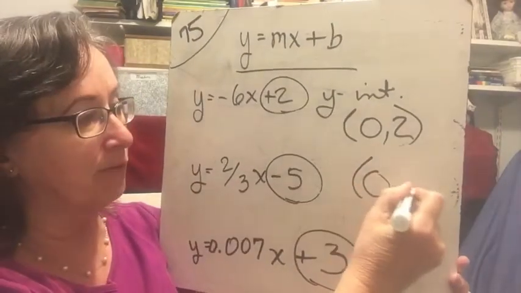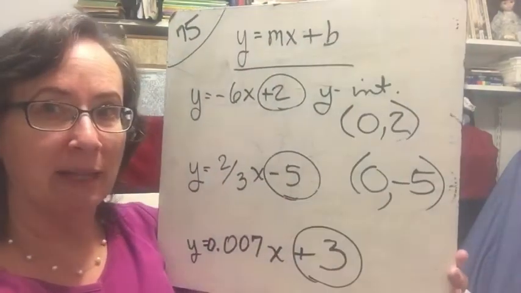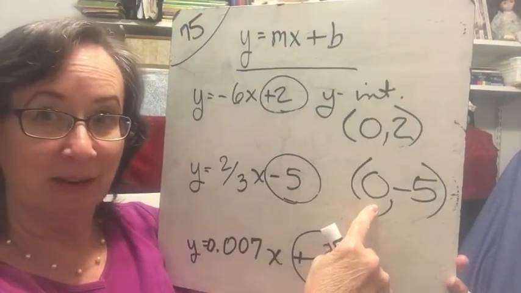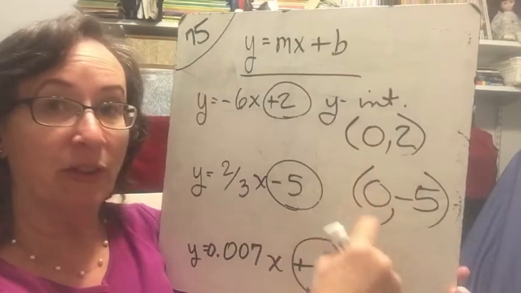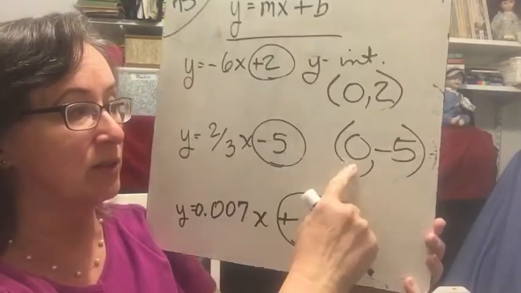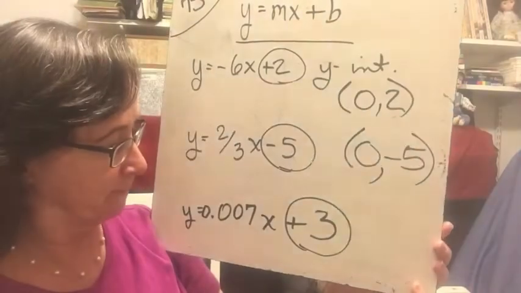Y is -5. So a point that makes this line true is (0, -5). This is called the y-intercept because x is 0 and it crosses the y-axis at that point.